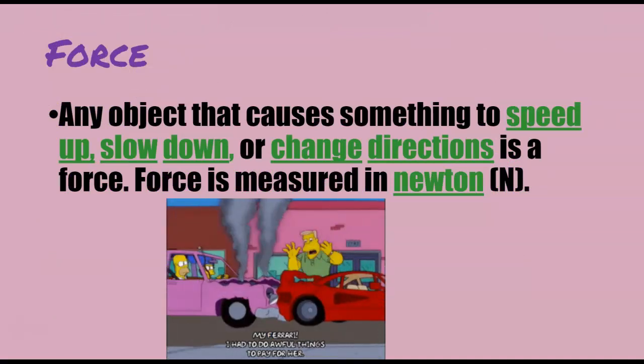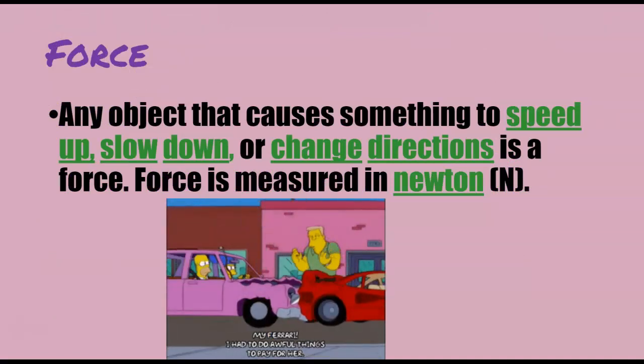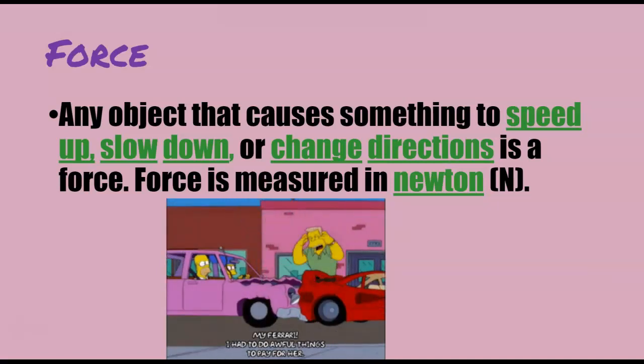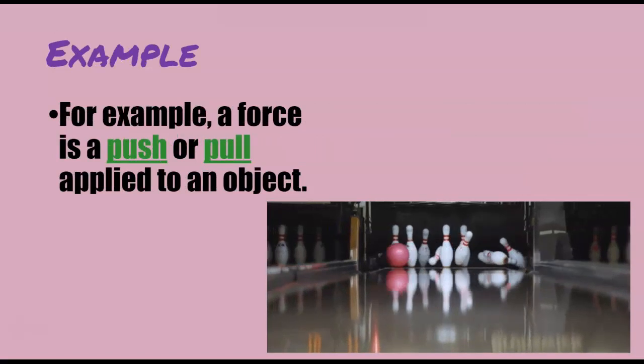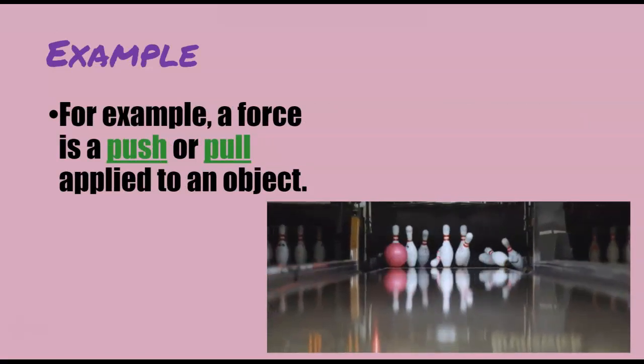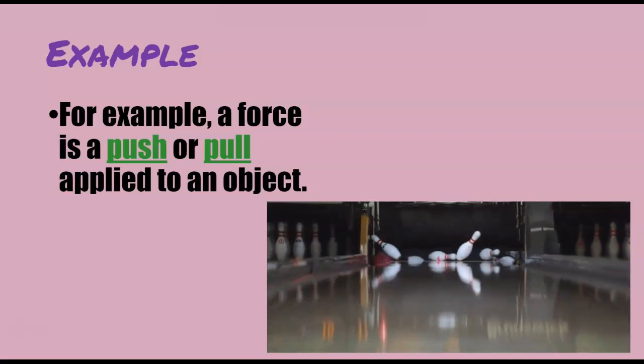So, a reiteration of what we've already talked about, we're going to look at force again. Any object that causes something to speed up, slow down, or change directions with a push or pull is a force. Force is measured in newtons. An example of force is the push or pull applied to any object.